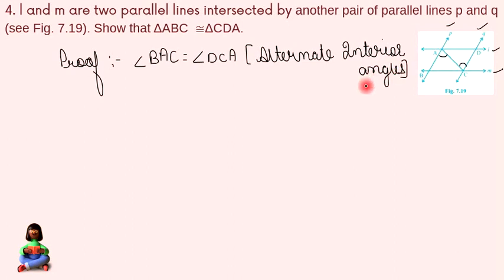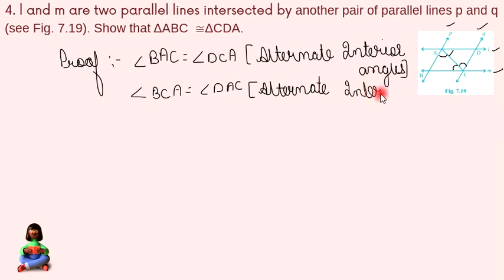Now there will be another pair of interior angles, this DAC and this BCA. So here we will write that angle BCA is equal to angle DAC. Why? Because it is also an alternate interior angle.